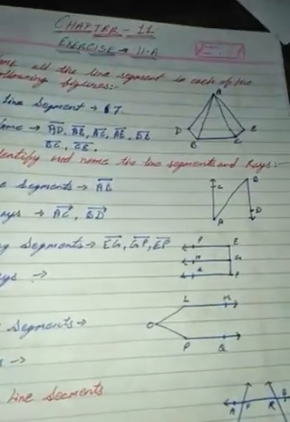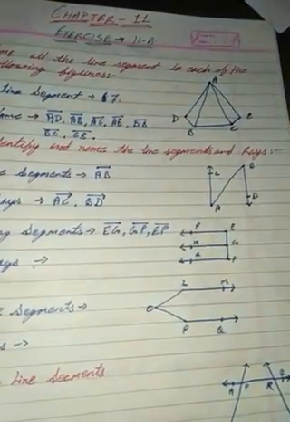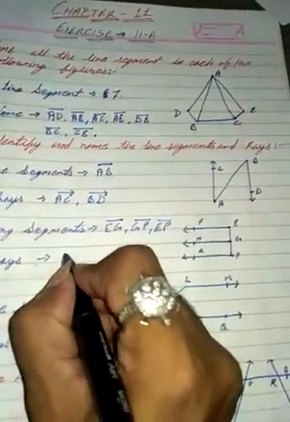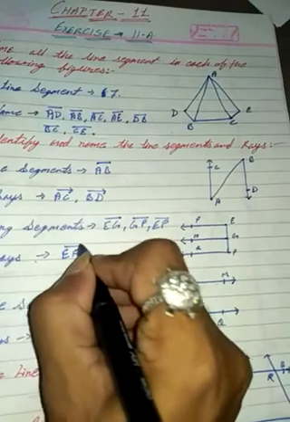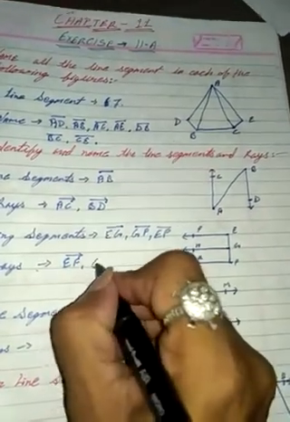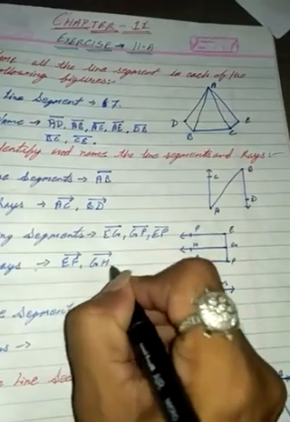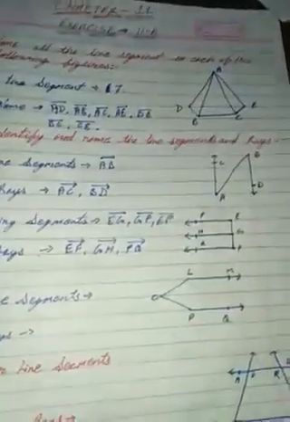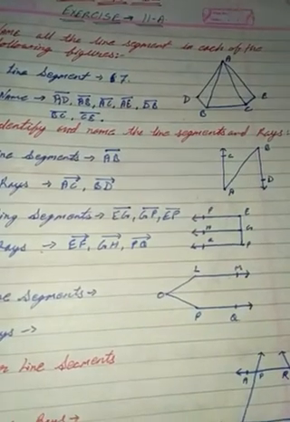Now there are three line segments. Now next, EF. First ray is EF and put the ray symbol. Now GH, then PQ. These are the rays.